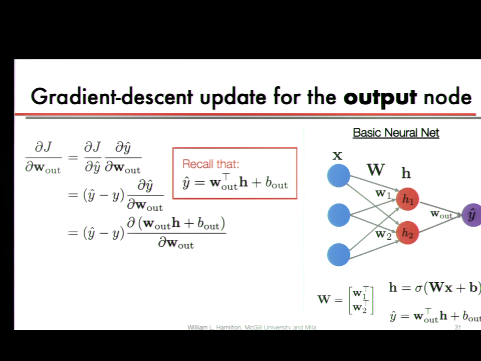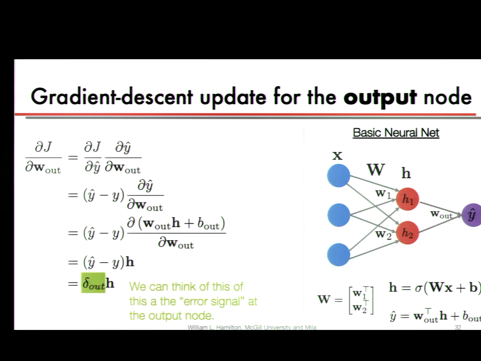Now, when we're trying to figure out the derivative of our prediction with respect to our parameters, here we just have a linear model. And what you might notice is, in fact, this is basically the same as gradient descent for linear regression, off by a couple of constants.